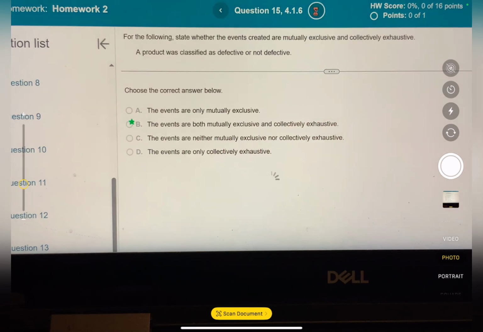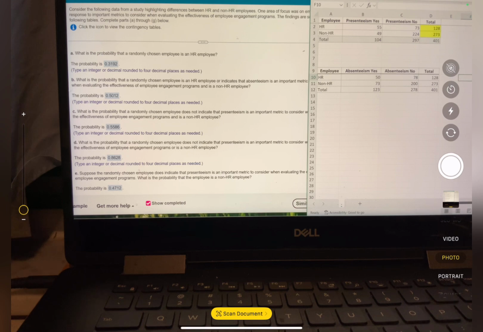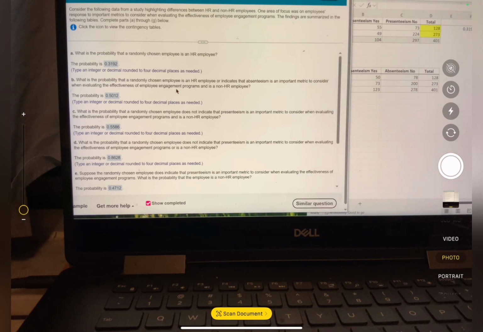All right. How much do we have? HR employee 128, right? So it's going to be the total 128 divided by 401, the overall grand total. Okay. And we are getting 0.319. Okay, next question. What's the probability that a randomly chosen employee is an HR employee?